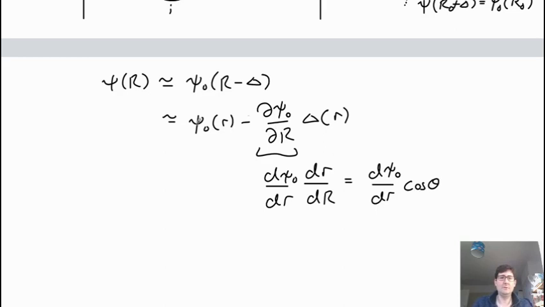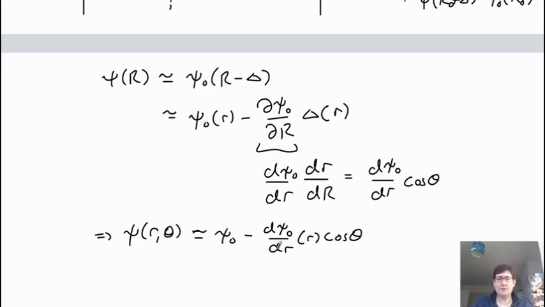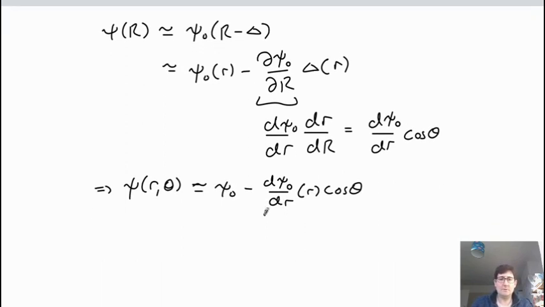So therefore we can recognize that we have psi r theta. This has come from the Taylor expansion, and we can just do the same trick as we've done before and say that this is equal to r naught times b theta.